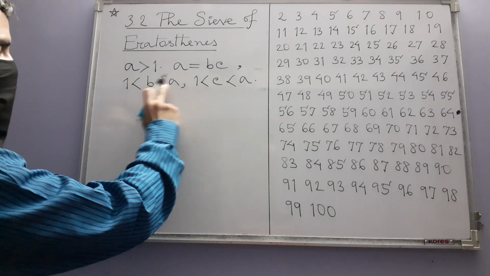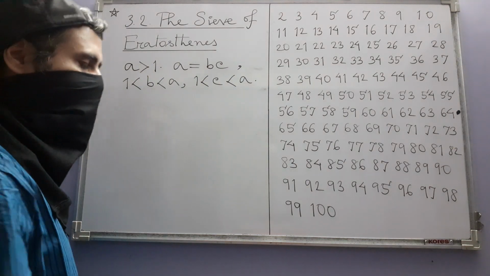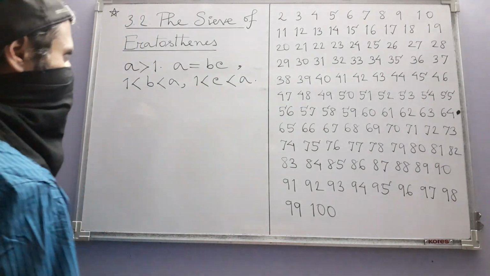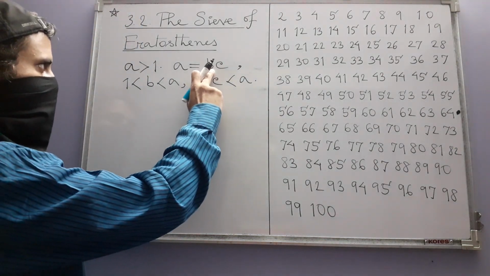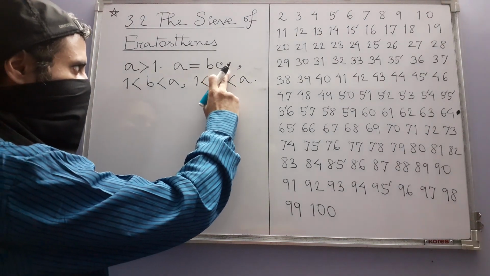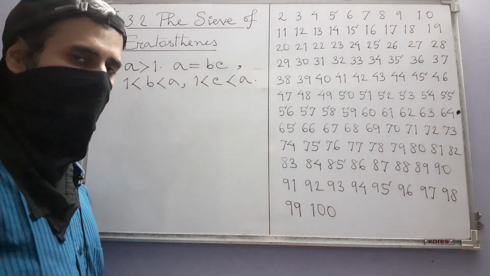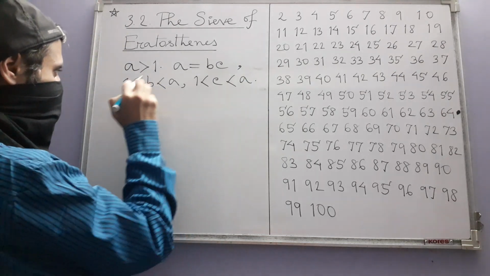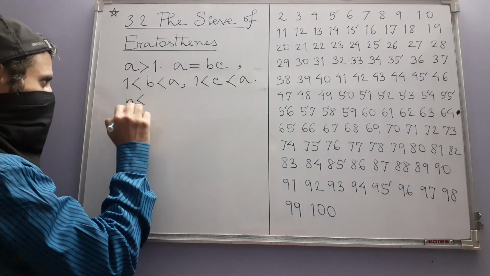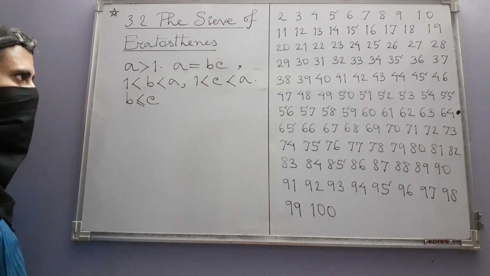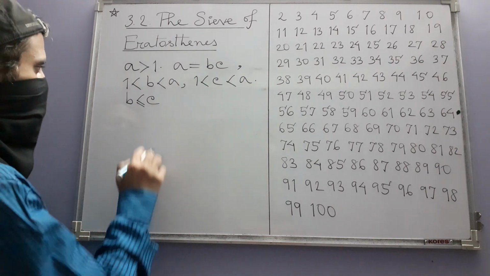That means these are both non-trivial factors of A. Now, of course, B is either less than or equal to C, or B is greater than C. Without loss of generality, we can assume that B is less than or equal to C.